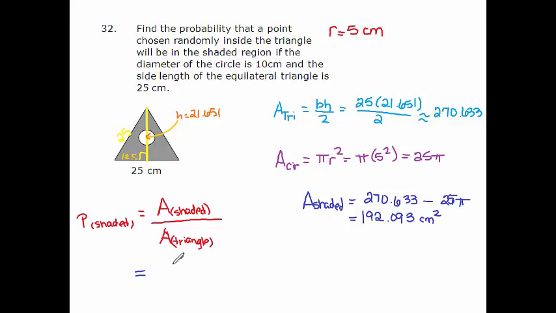And when I come over here and put it in my probability formula, 192.093 over 270.633, that's approximately 0.7098, or about 71%.